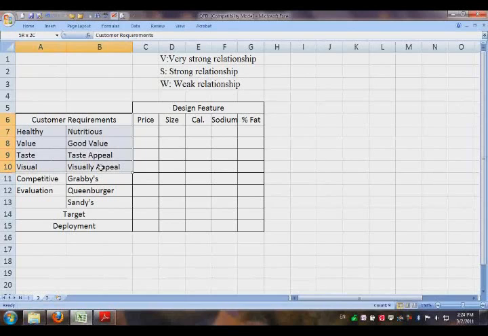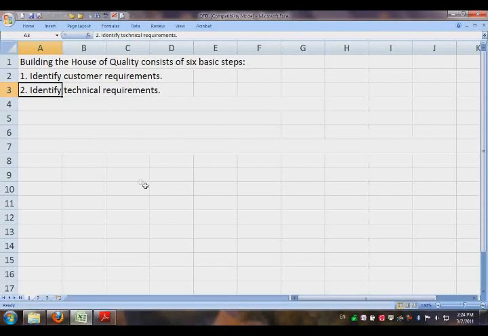And step number 2, identify technical requirements. Again, based on the competitors' product information, I set up 5 design features, 5 technical requirements: price, size, calorie, sodium, and percent fat.